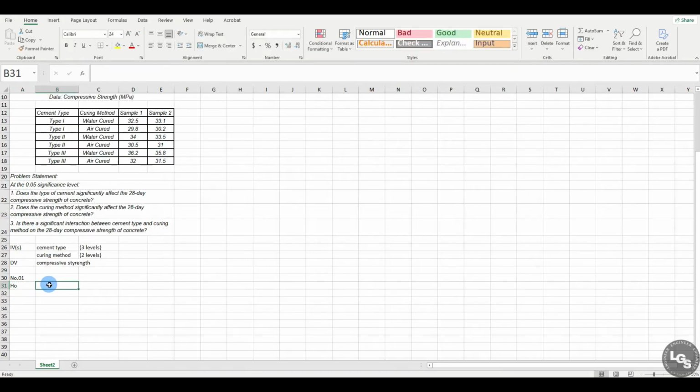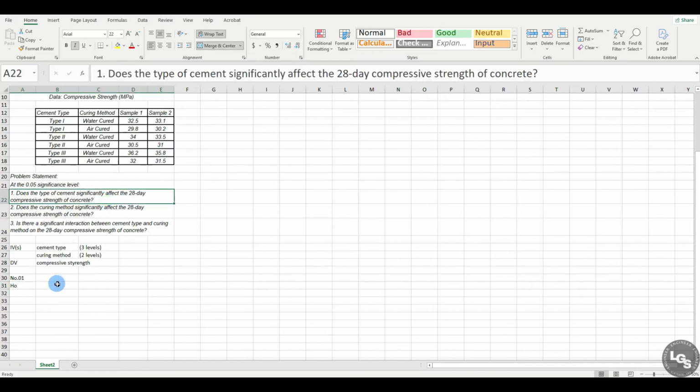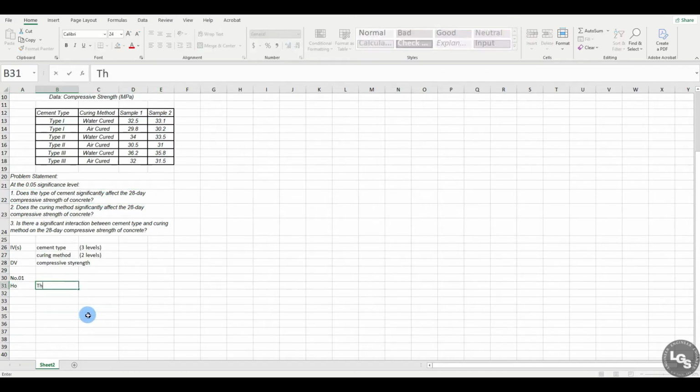So H0, that is the null hypothesis. So don't forget, null hypothesis, there is no significant effect. So the question here is, does the type of cement significantly affect the compressive strength? So the null here will be, there is no significant effect of the cement type on the 28-day compressive strength of concrete.